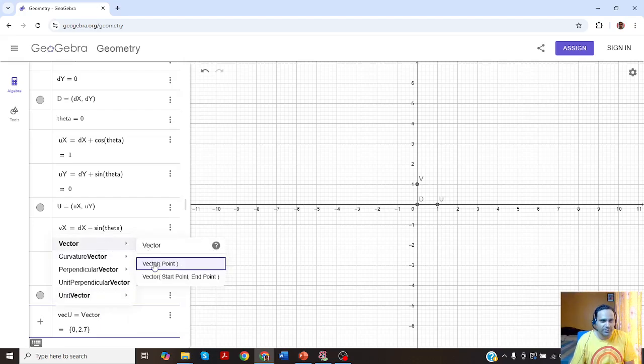Now vector function will require, there are two ways of doing. One is position vector, you just give some point, it will go there, or you define what is the start point and what is the end point.